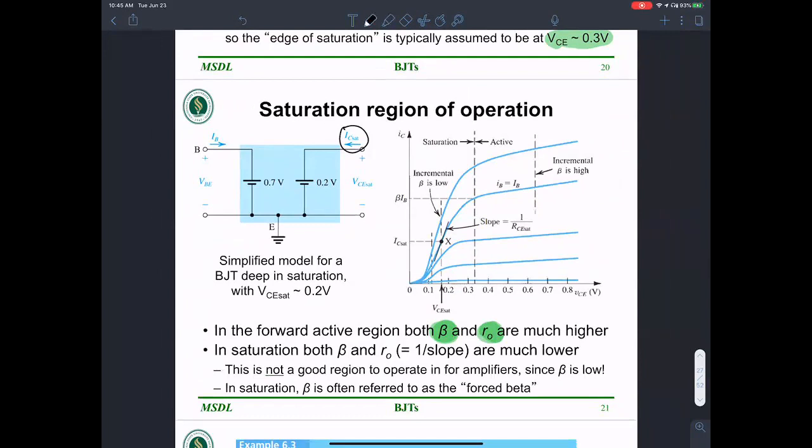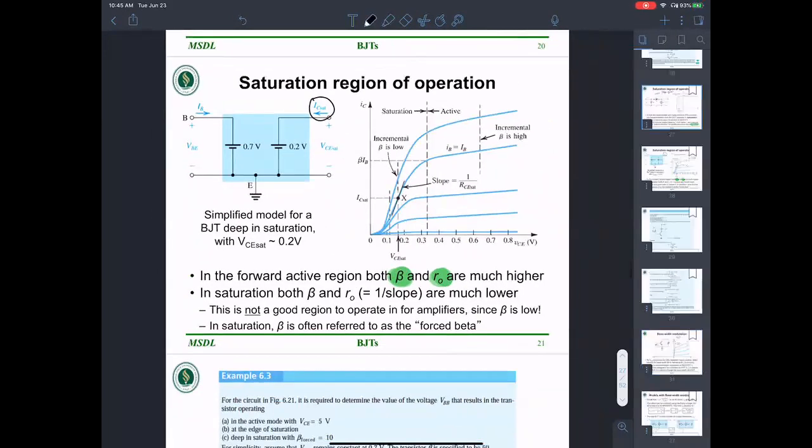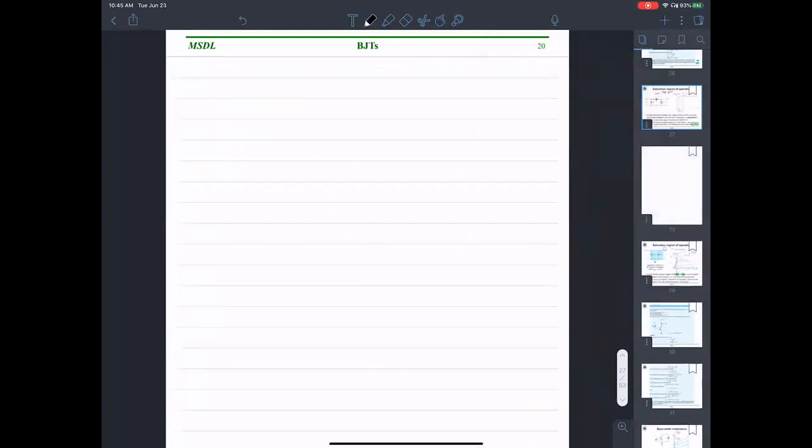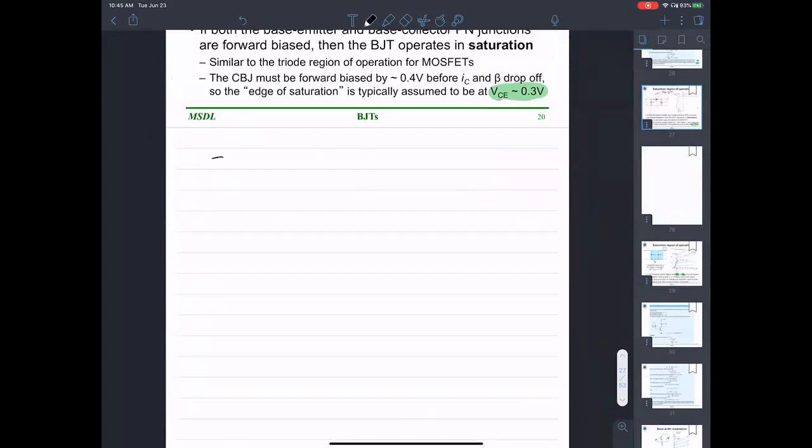As you'll see, the intrinsic gain, and this is not something the textbook talks about, but it is something we want to understand, is a factor of beta times R naught for a BJT.